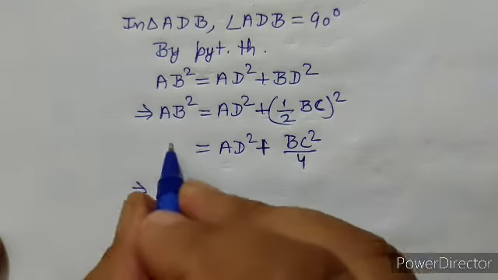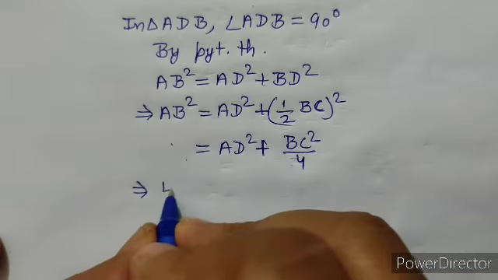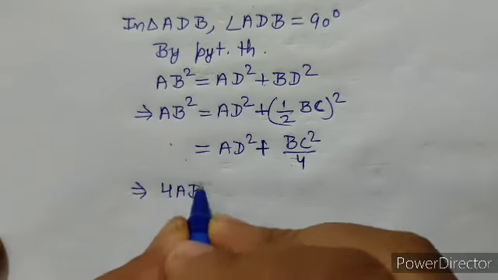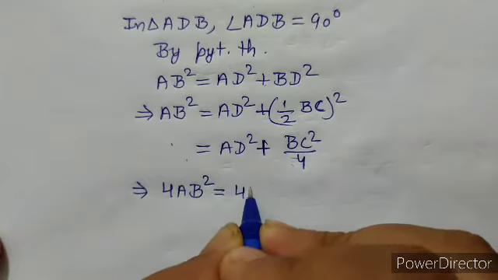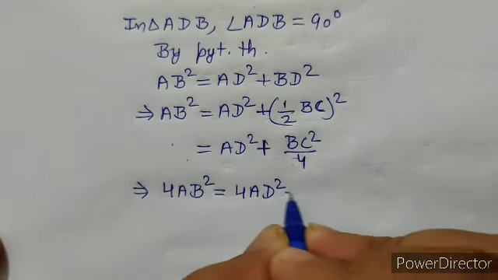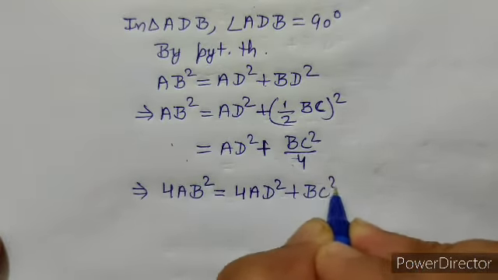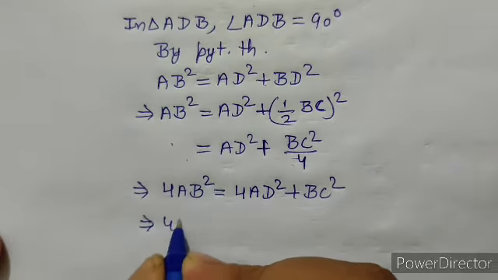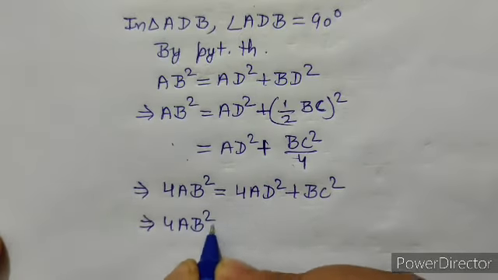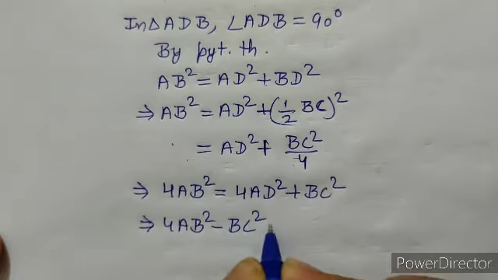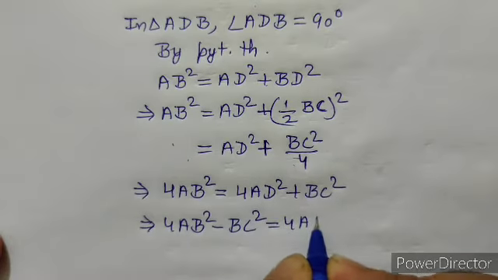On multiplying the whole equation by 4, we'll get 4AB square equal to 4AD square plus BC square, and this will be 4AB square minus BC square equal to 4AD square.